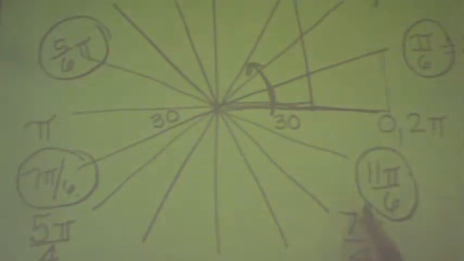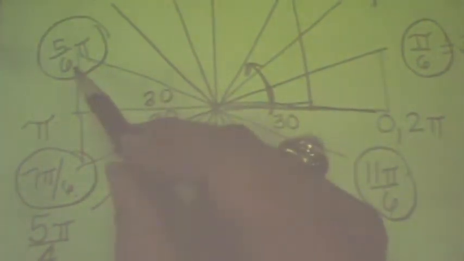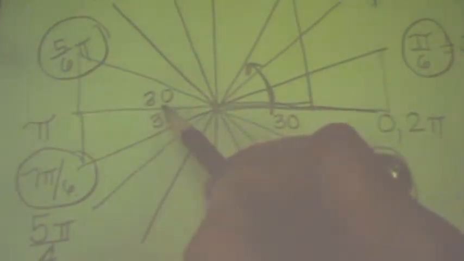So when we say 7 pi over 6, you're going to get used to saying, oh my God, that's in quadrant 3. You've got to, right away, when you hear the 6, think of 30 off of the x-axis. When you see 11 pi over 6, think of 30 off of the x-axis in quadrant 4. So when you name your triangle, if it has a 6 in the bottom, we're talking about the 30.